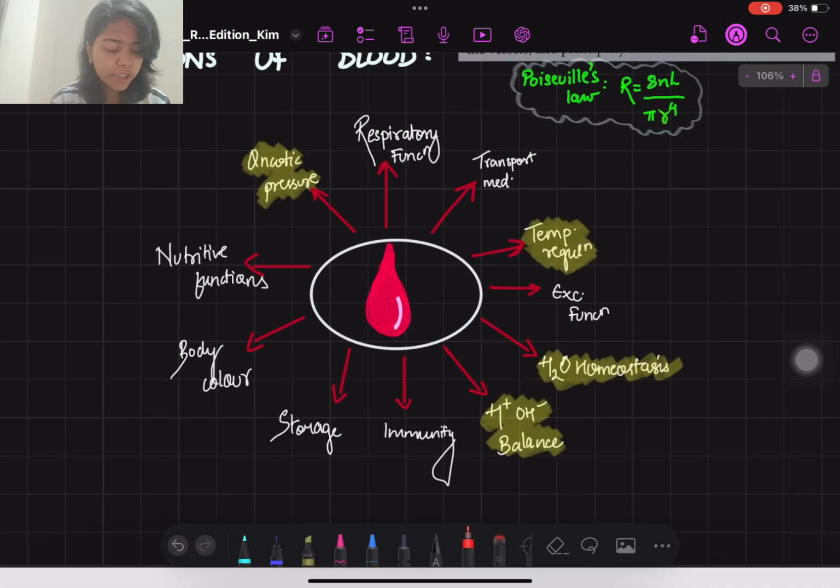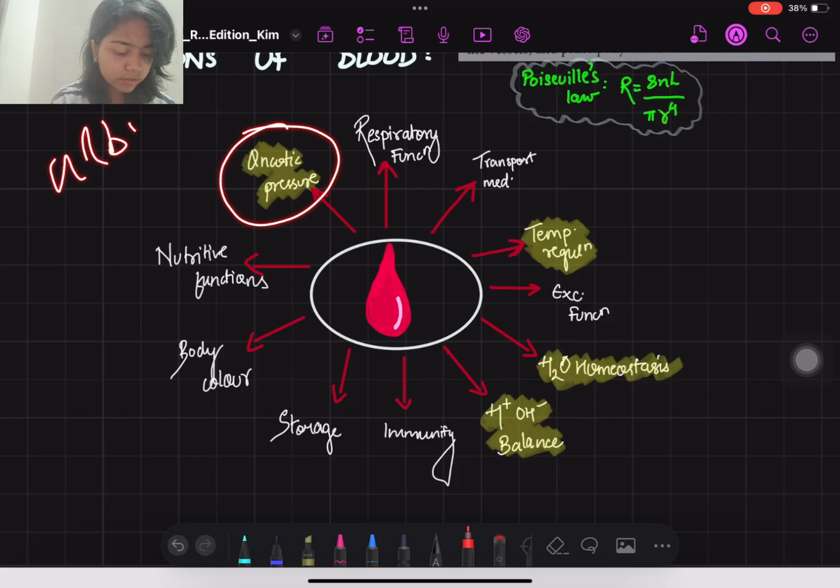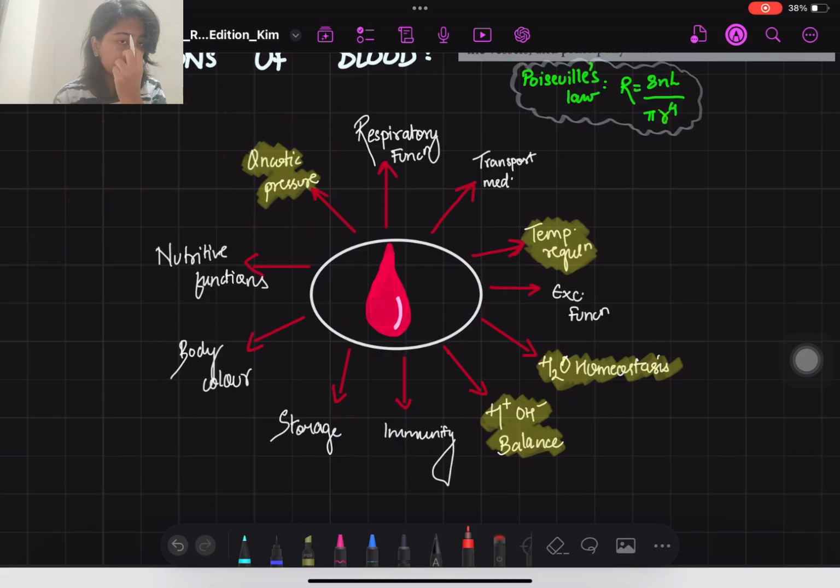So oncotic pressure, blood will help there too. You will understand oncotic pressure in depth in the plasma protein video next, because albumin will help in the retention of water in the blood. Okay, so if albumin is low then edema can occur.